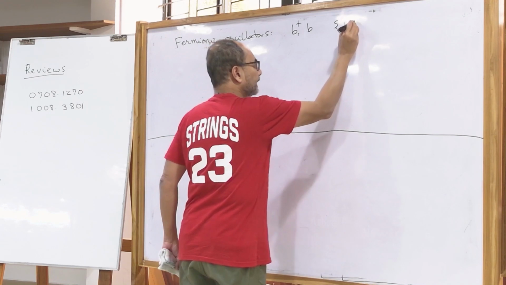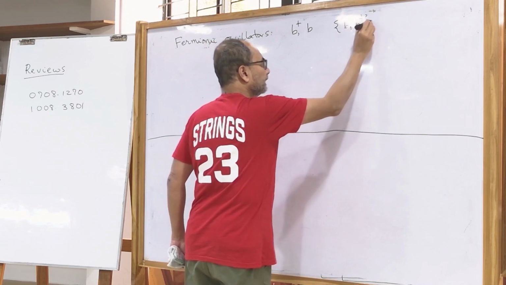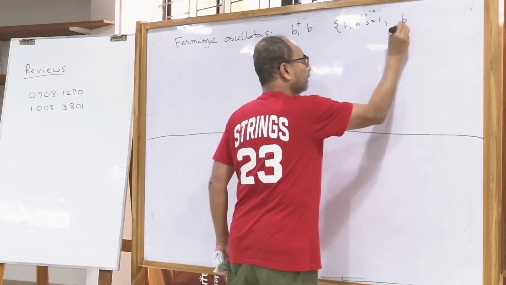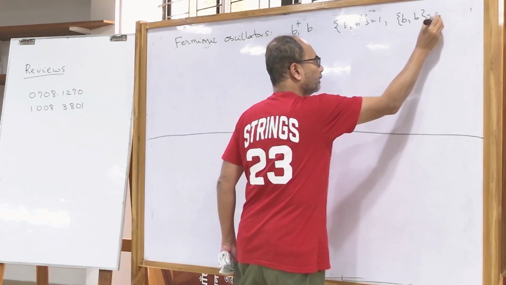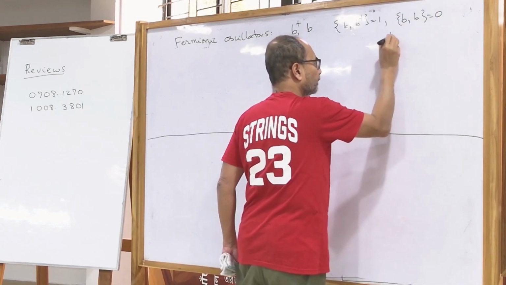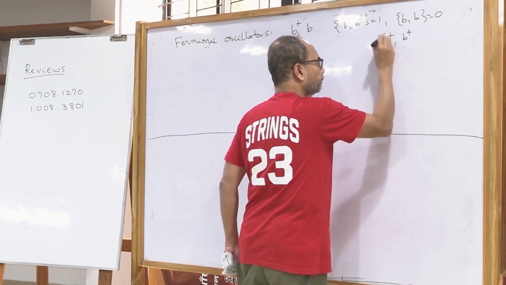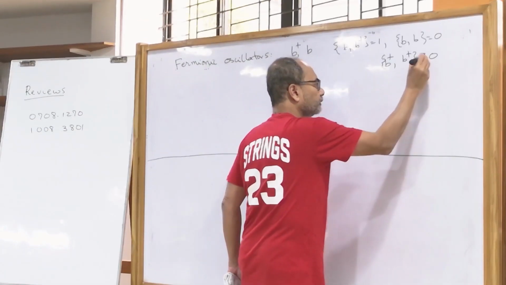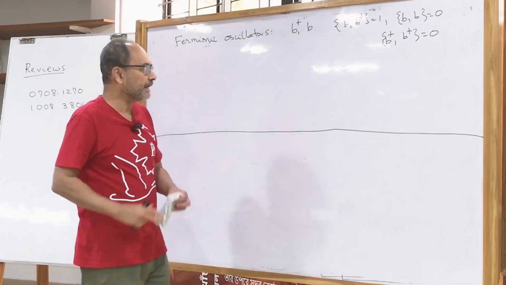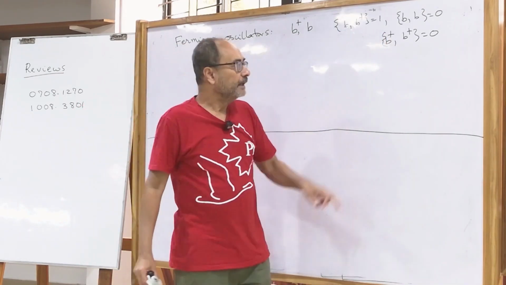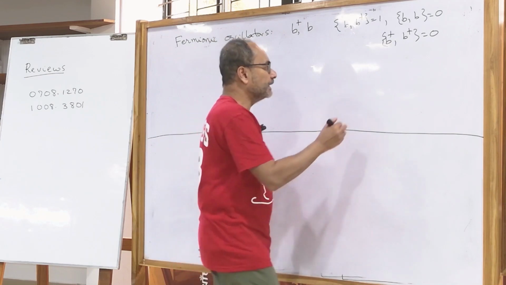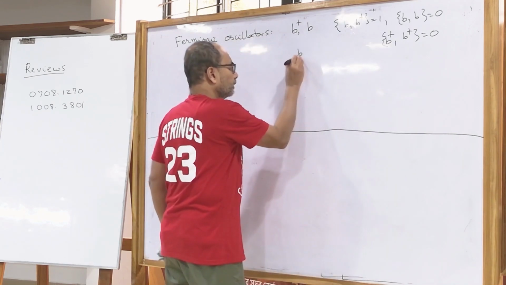We have the anti-commutation relations: B B dagger equal to 1, B B is 0, and B dagger B dagger is 0. Okay, this is just like the bosonic harmonic oscillator, except that all the commutators are replaced by anti-commutators. So, this in particular says that B squared is 0 and B dagger squared is 0.